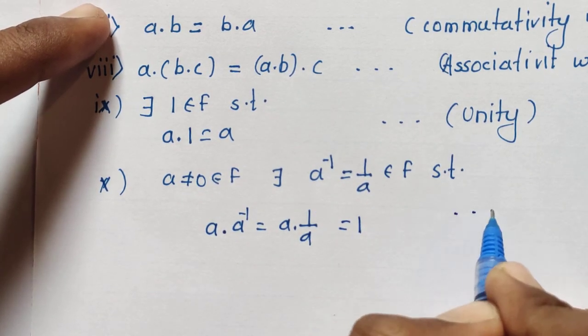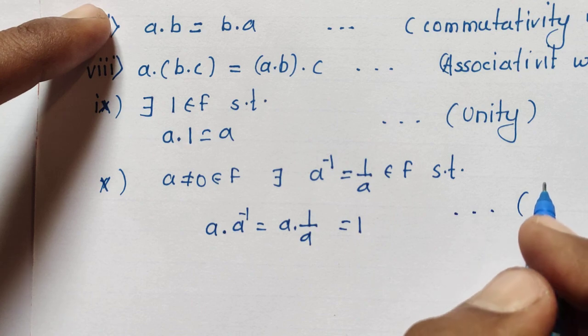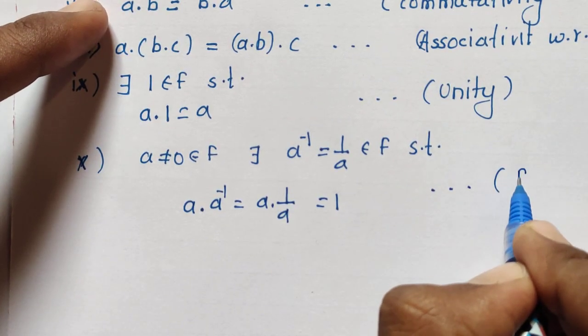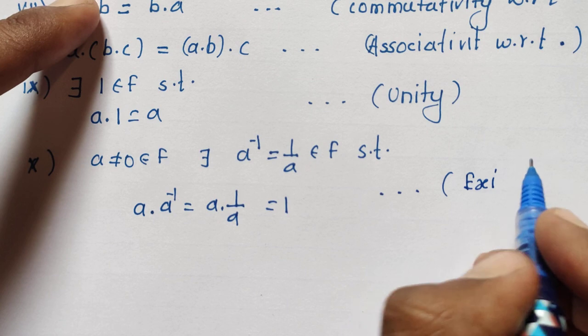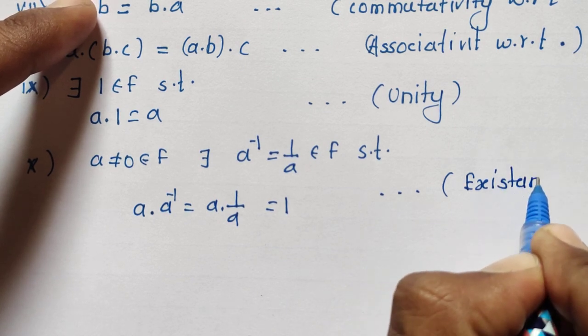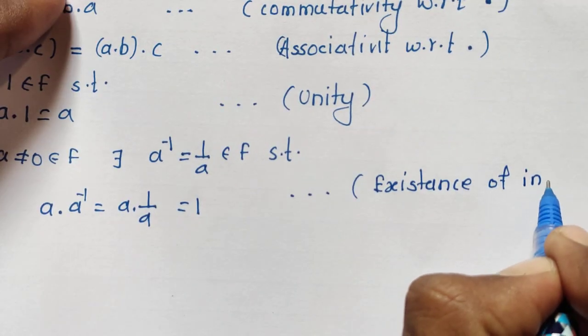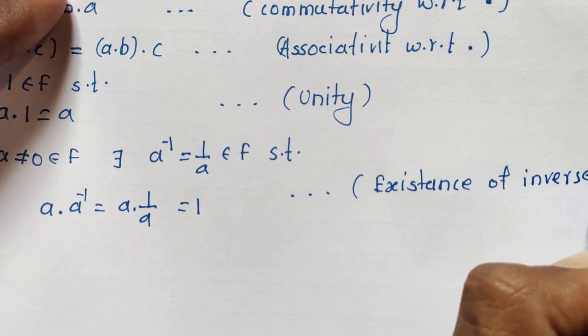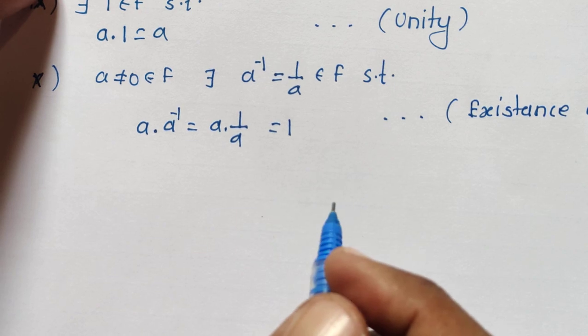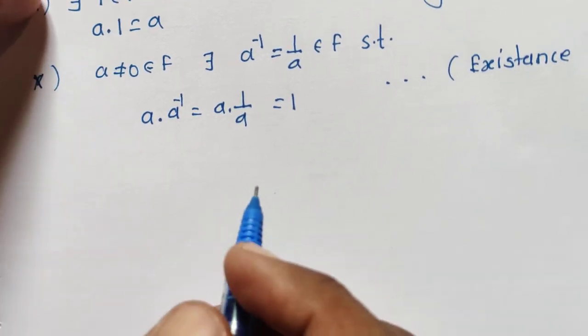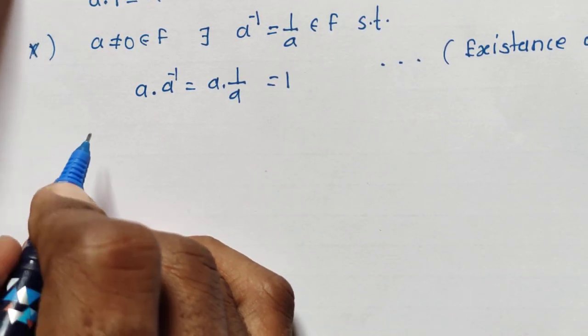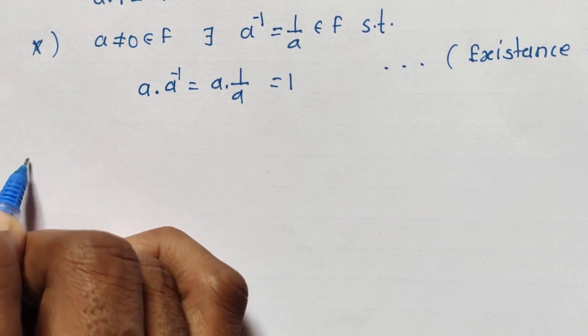Then this element A inverse is called the inverse. So this property is called existence of multiplicative inverse.